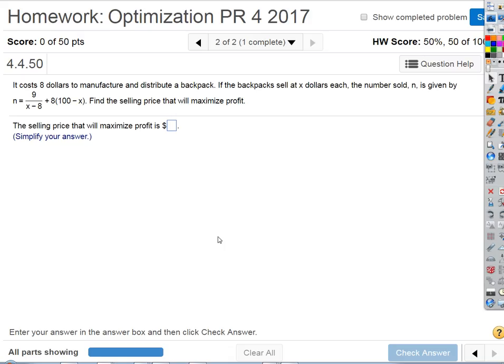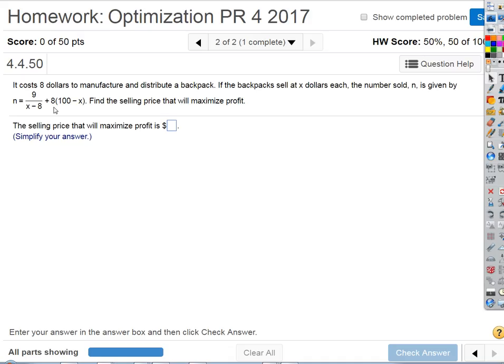So then what's our revenue going to be? If the number sold is given by that guy right there, what's revenue always going to be? Revenue is the amount of money we're getting, right? So it's the number sold times the price people are paying per item, right? So NX is revenue. Everybody agree?